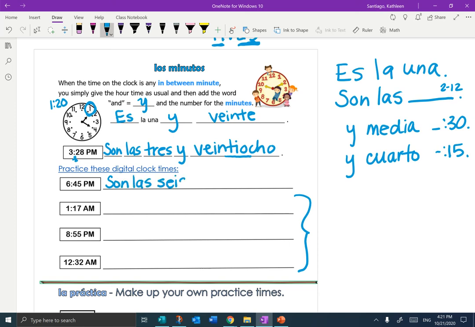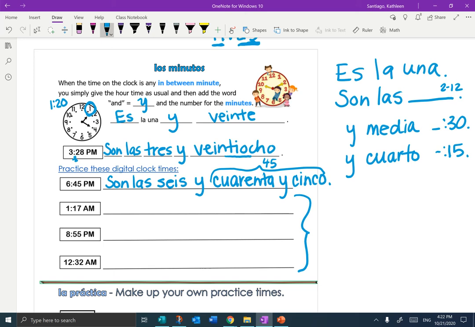Now I'm at the colon. I have to put in the E, and now I have to say 45. Okay. This whole piece is my 45 minutes. Sometimes it is 3 words, right? So anything from 31 minutes all the way up to 59 minutes is going to be 3 words.